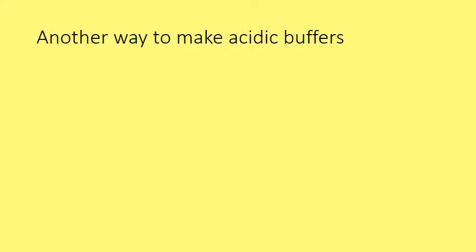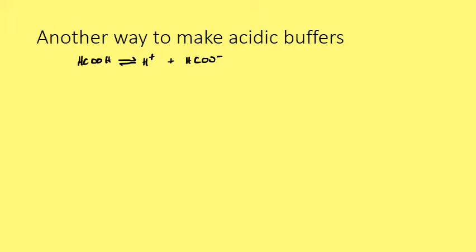Let's use methanoic acid. So we'll just write the equilibrium equation down for that. So we've got methanoic acid, and that's in equilibrium with its dissociated hydrogen ions and the methanoate ions. Okay, so we've got that, and that's the same as before.